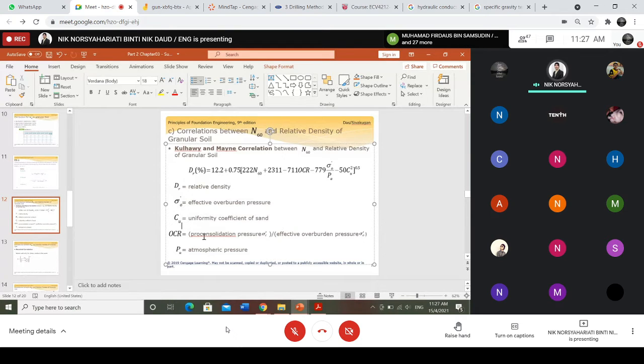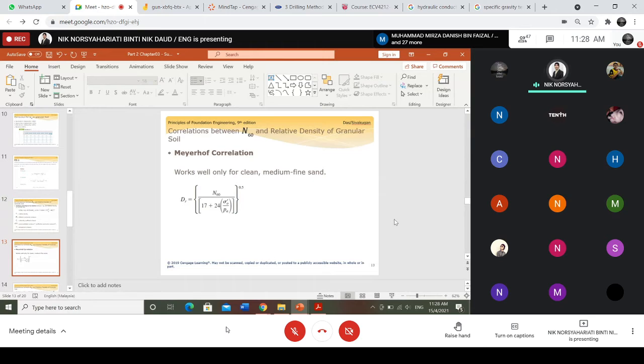Then there is the pre-consolidation pressure, which you get based on the consolidation test or the oedometer test, right? So for that one, you can find the relative density, which is the correlation with the N60.